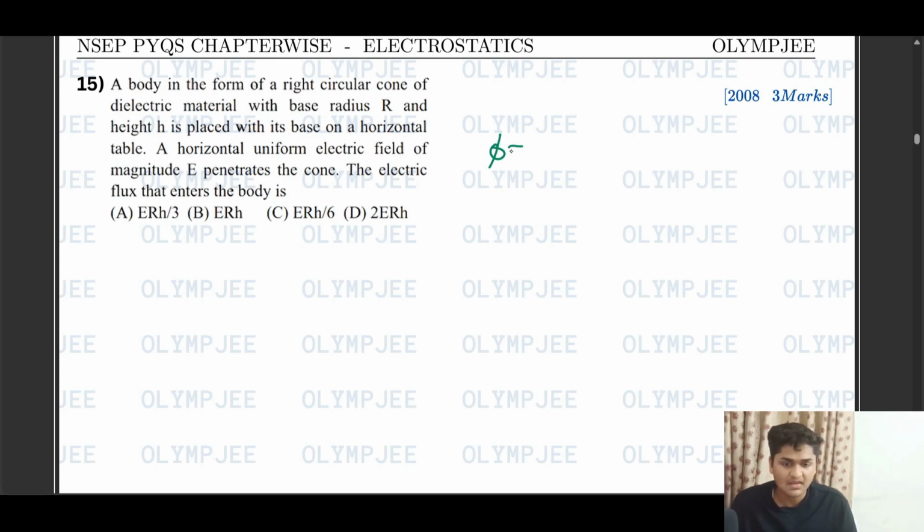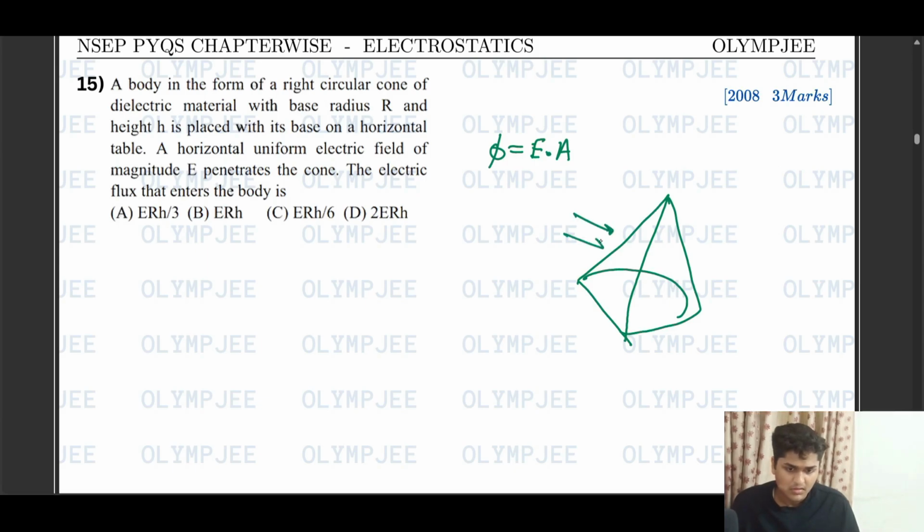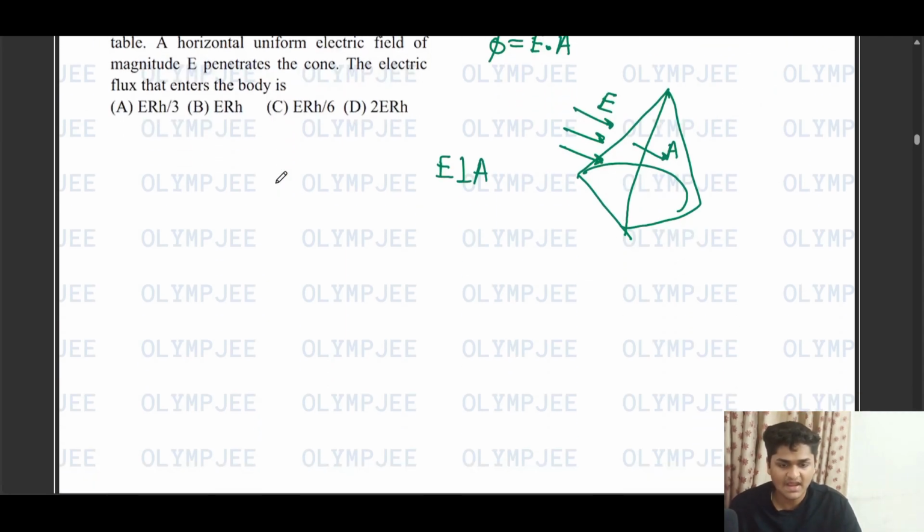So flux is given by E multiplied by area, and the circular cone will be something like this, right? And this is E. So we need to find the area of this triangle, because the E will be perpendicular to this area, right? I have not drawn it perfectly horizontal because I'm drawing by hand.